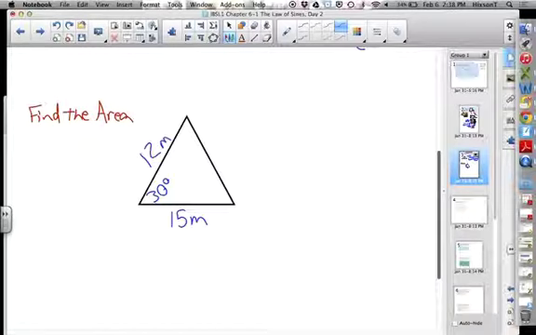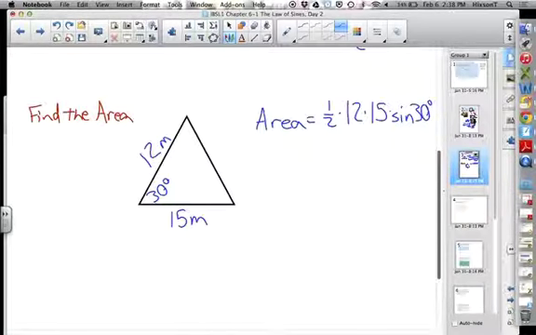If I want the area, I can take 1/2 times 12 times 15 times the sine of 30 degrees, and just multiply that out. That's a half, so 90 times sine of 30 is 45. And since it's area and we're in meters, it would be meters squared. 45 meters squared. Okay? Real simple formula that you derived yourself.